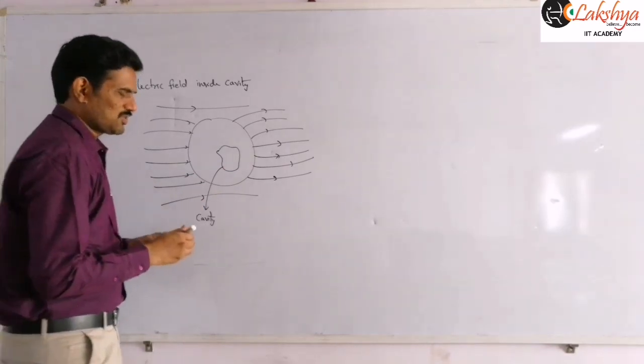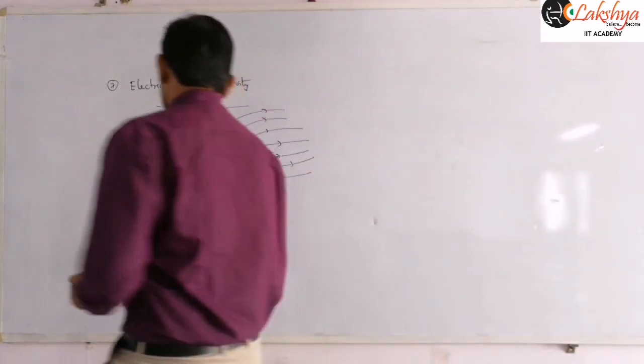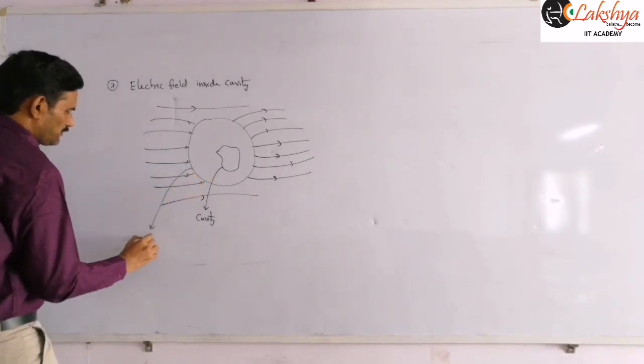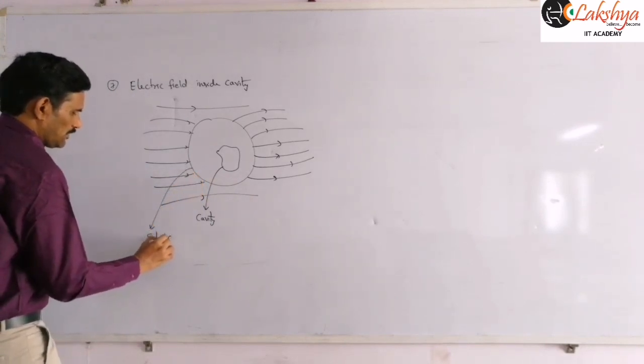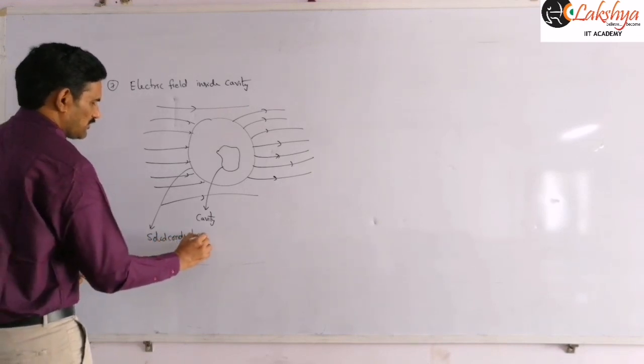Cavity means some empty space. Some empty space will be there inside this solid conductor. So, a solid conductor with cavity.